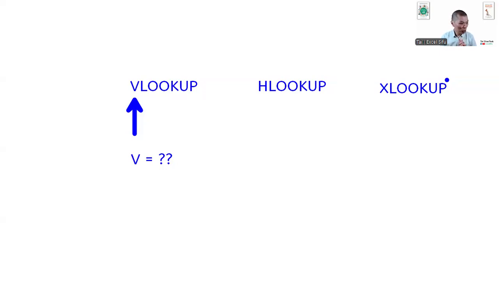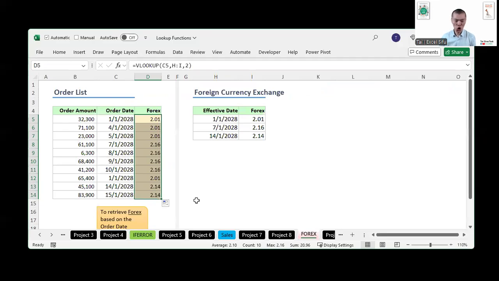Okay, good. There's a question asking how to use XLOOKUP for this numerical range. So I just do it quickly for the Forex, just for illustration.